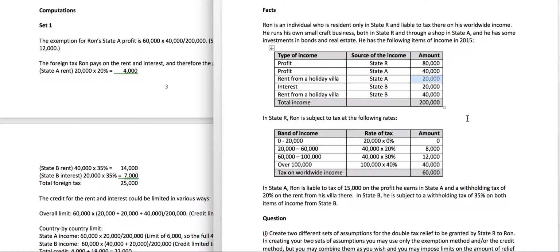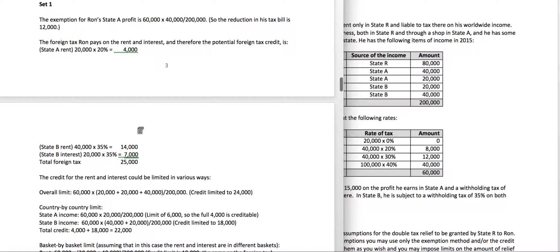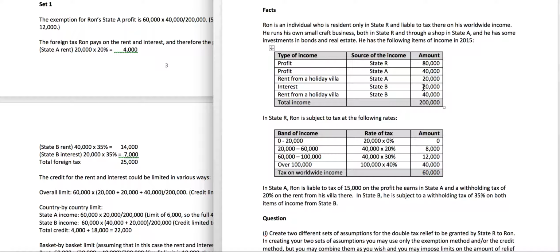That makes sense, because we have the 20% withholding tax right here. So his tax bill is reduced by 12,000 plus 4,000.